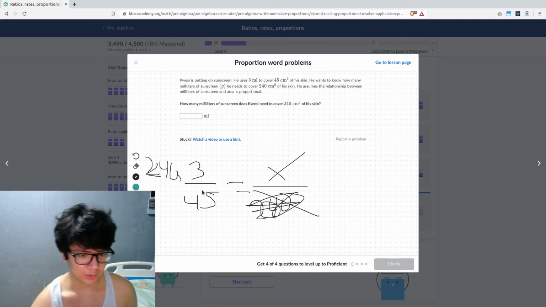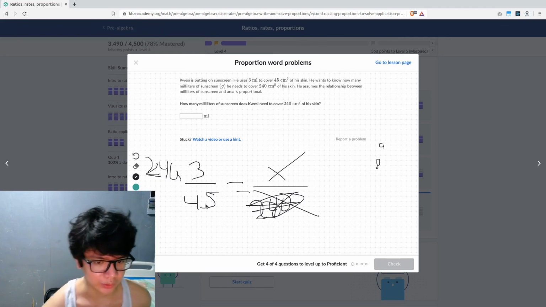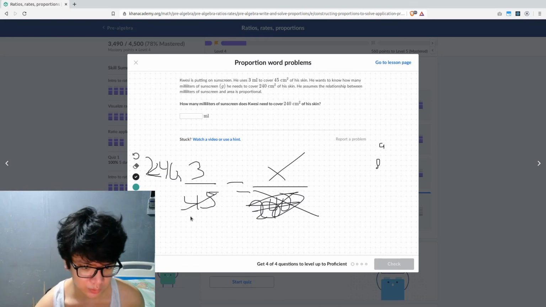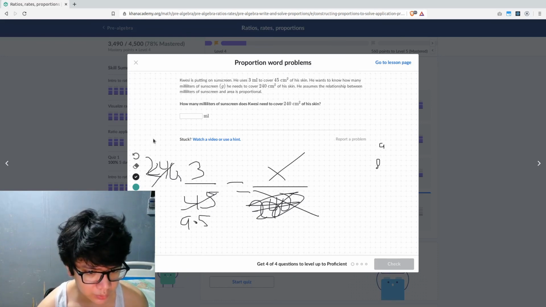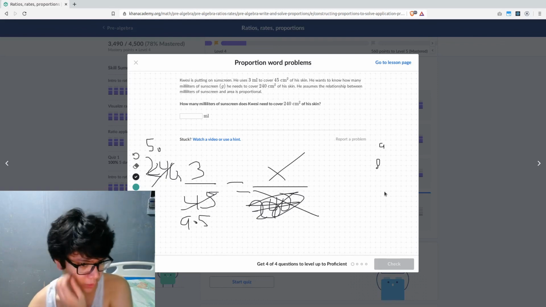Let's see. 9 times 5, and this is 5 times, let's see, what's this 5?